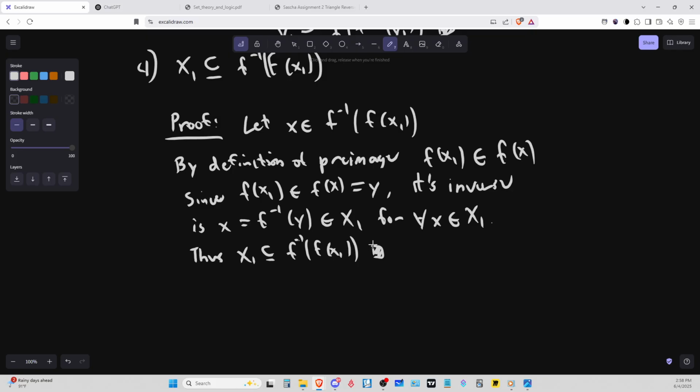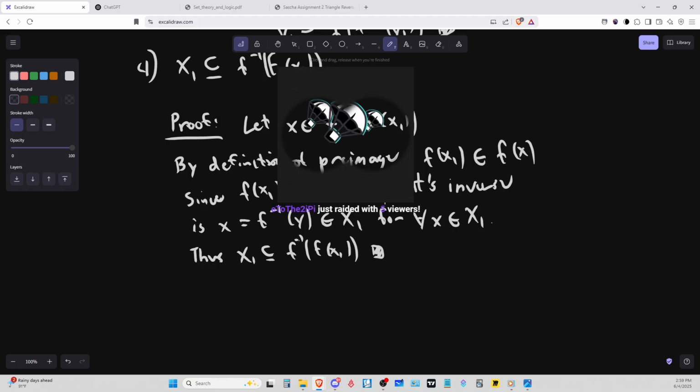Let x be an element of the... I feel like I didn't define something. Let's see, let x be an element of the inverse of the, by definition of the pre-image. And since it is an element of f of x, which is y.